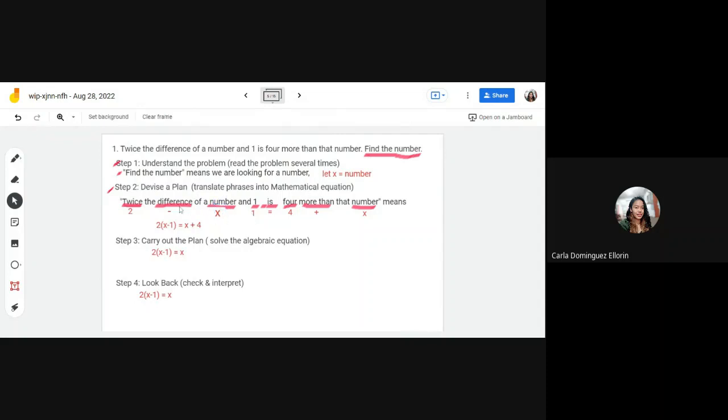So the difference of a number and 1 is x minus 1. And then, twice, which means we multiply it by 2. We can use parentheses. So, 2 times x minus 1. And then, proceed to the next word, is. When you see is, the symbol for that is equals.